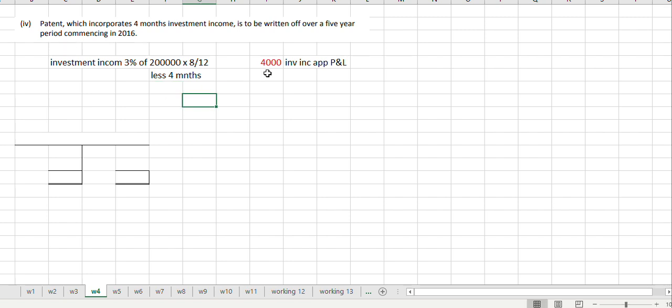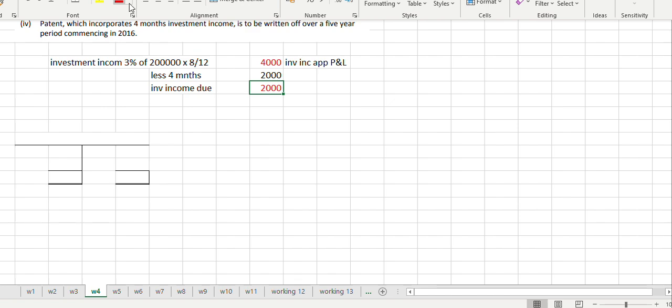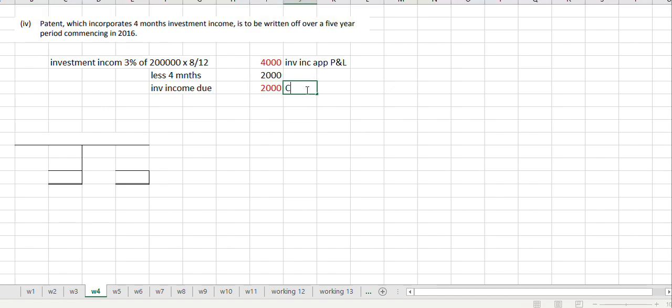You shouldn't need a calculator. 4 months would be half of that, which would be 2,000, which would mean investment income due of 2,000, which will be a current asset, investment income due. The two figures, 4,000 is the figure in the P&L for investment income. It's another income. And investment income due is a current asset of 2,000.